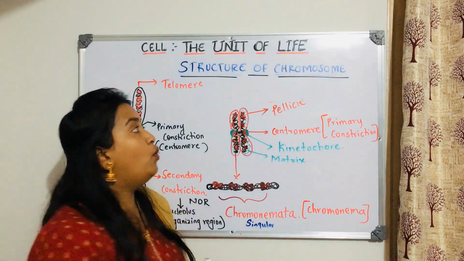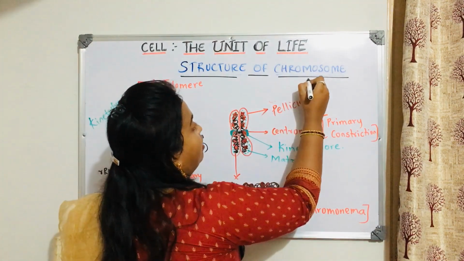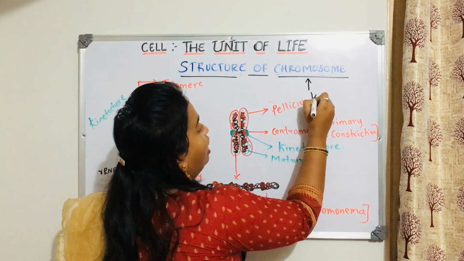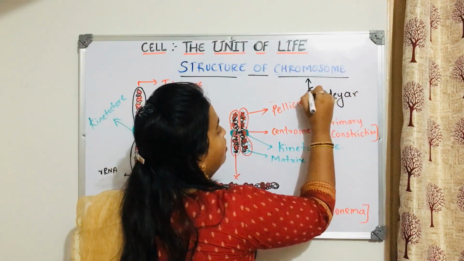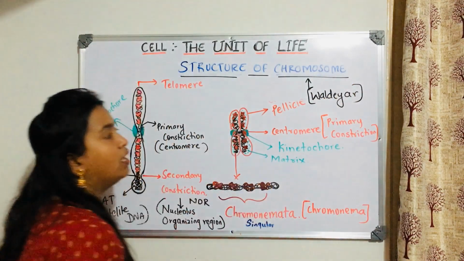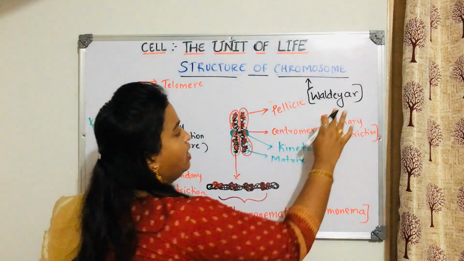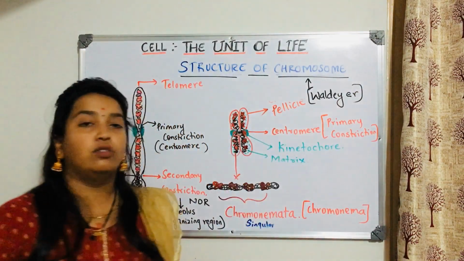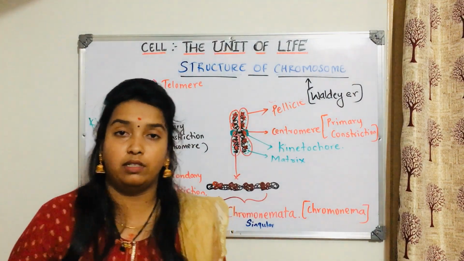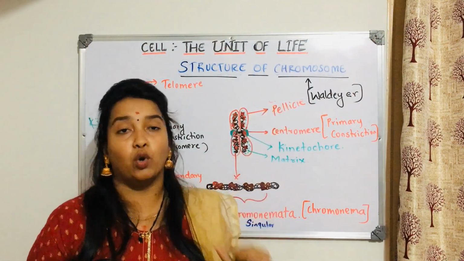So who gave the term at last? The term chromosome was given by Waldeyer. Check out the spelling. It's Waldeyer, I think it's E. Okay, find out. So Waldeyer, this scientist, actually gave the term chromosome.